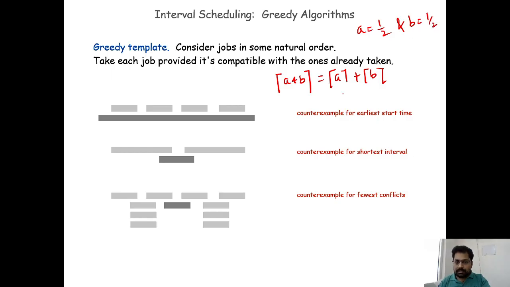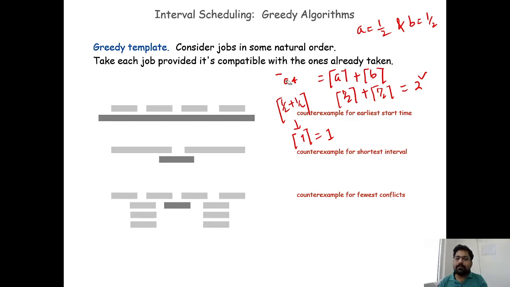Here the ceiling of 1 by 2 is 1, and the other ceiling is 1 also. Ceiling is the upper value. So the ceiling of 1 by 2 plus 1 by 2 is 1, while the ceilings add to 2. Through the counter example we found the result.